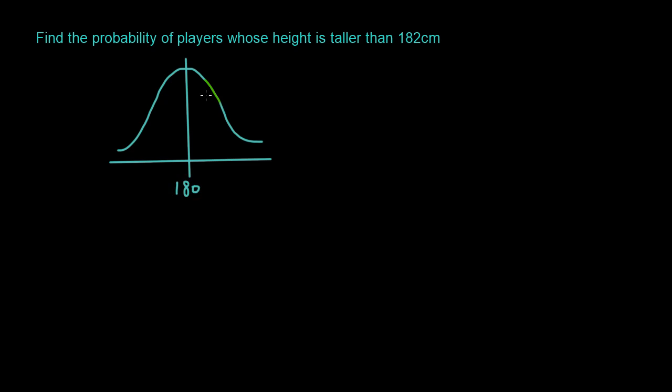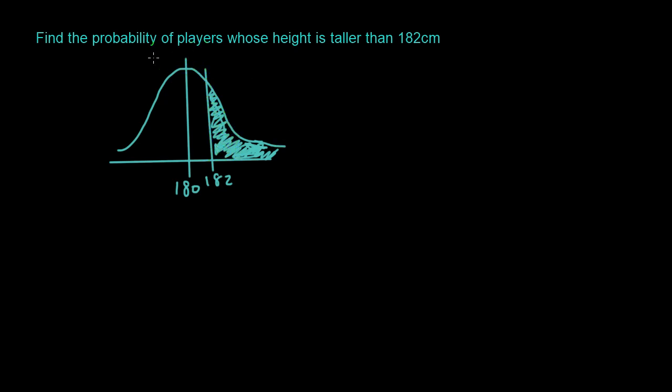And we want to go to the right a little bit, which is 182, and we want to know this probability, the probability of getting a player whose height is bigger than 182.